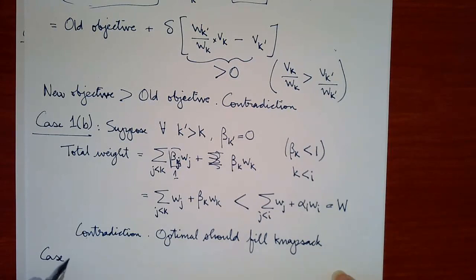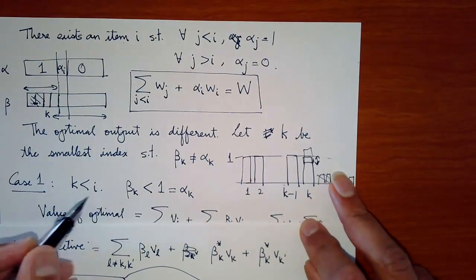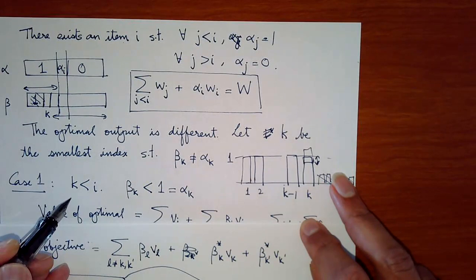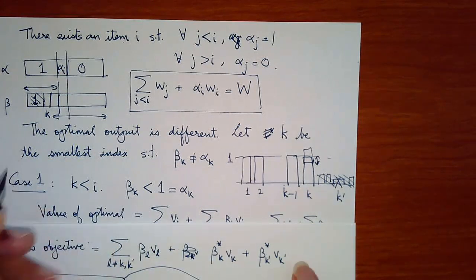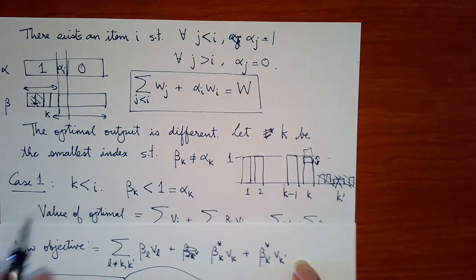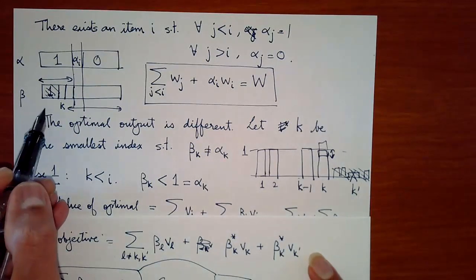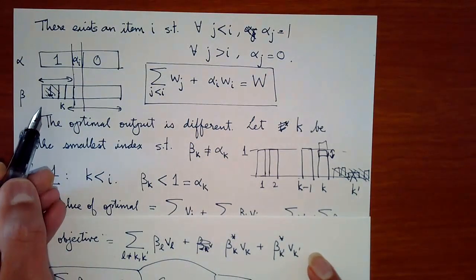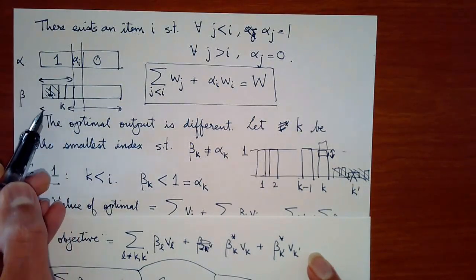And so the same argument holds in case 2. In case 2, we said k is less than I. When k is greater than or equal to I, we'll get exactly the same situation. I think what was pointed out earlier, which would also give equivalent math, is that there must be an index where beta of whatever k is less than or equal to alpha somewhere in here.